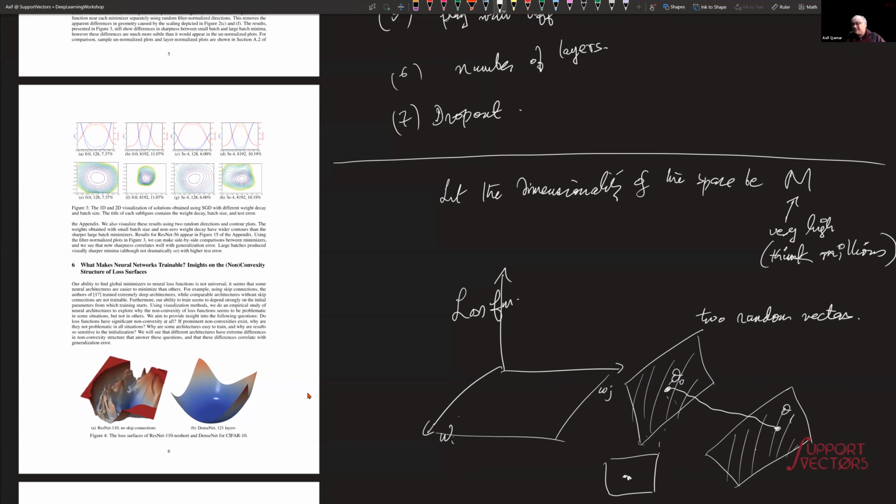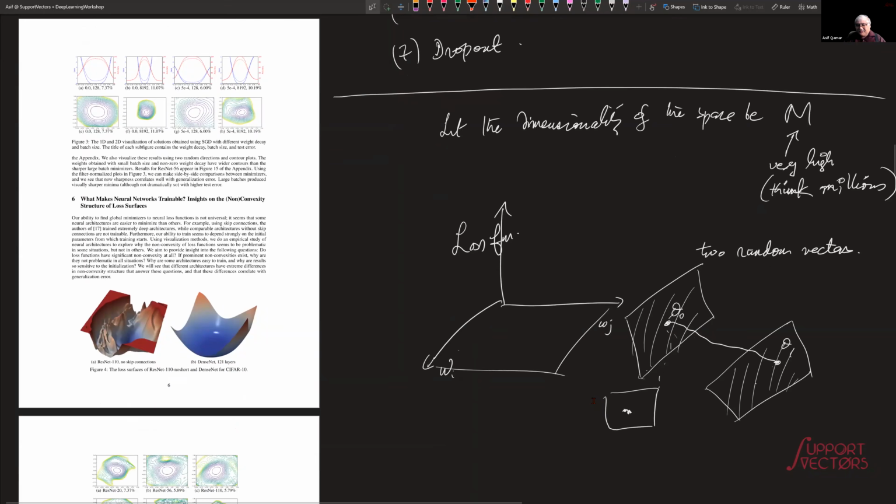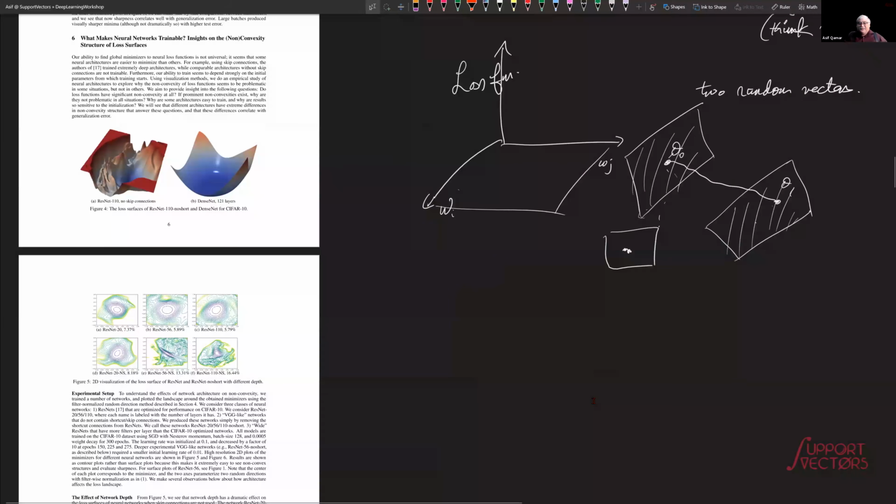So now comes the bad news. It is something that mathematicians have always known. If you take any two random vectors, you are practically guaranteed that they will be orthogonal to your path. It will be perpendicular to your path, right?